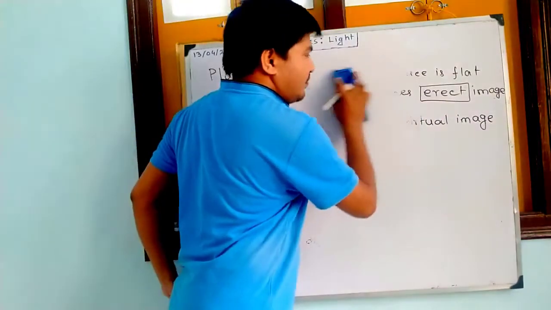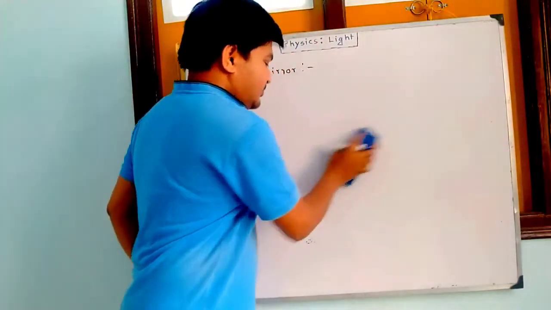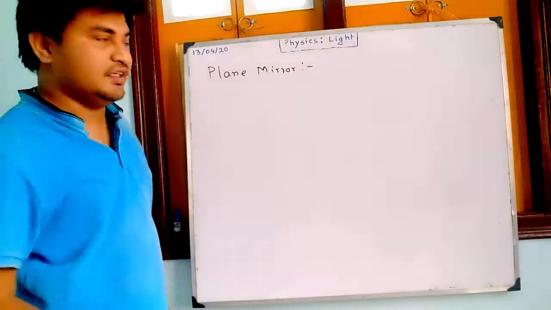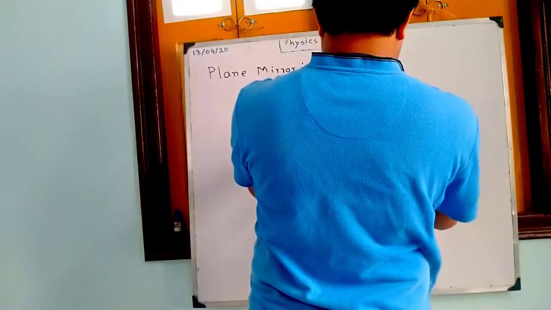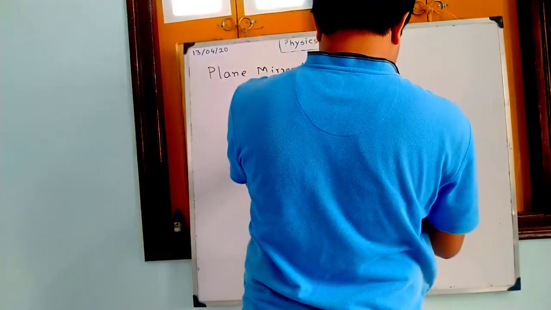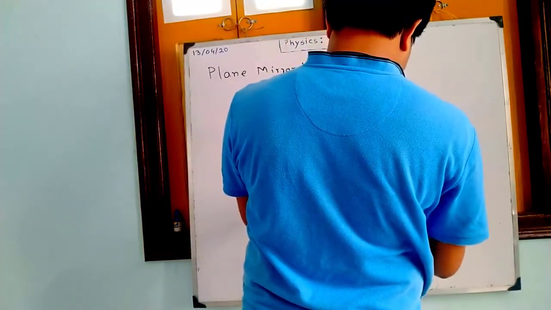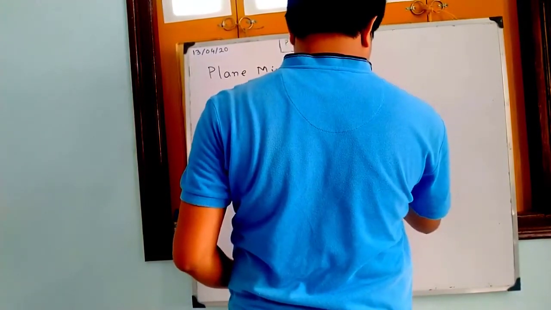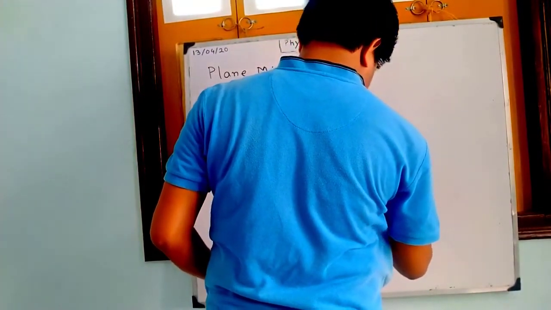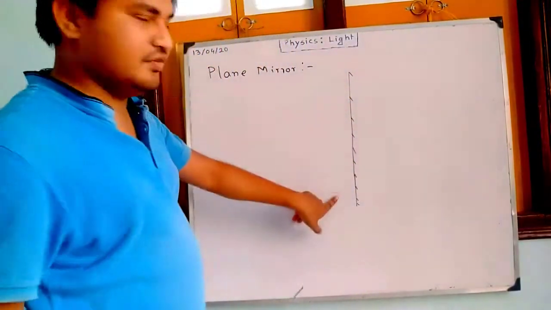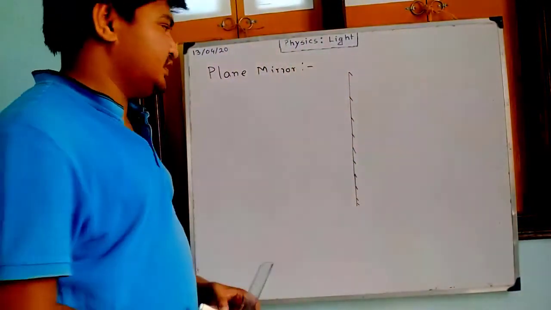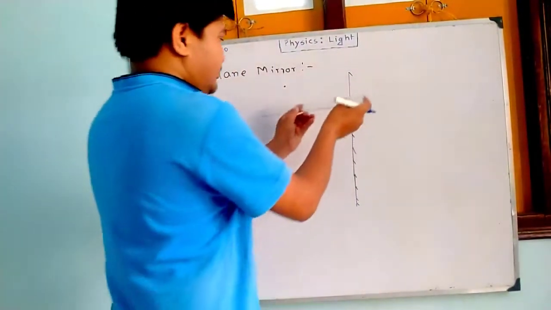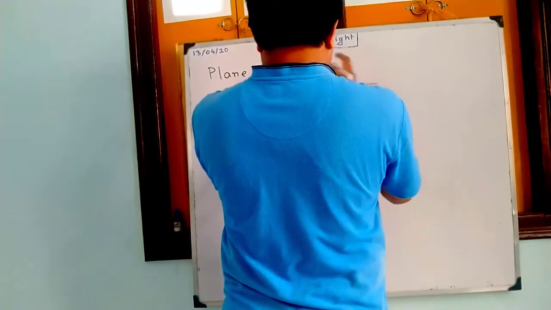Now, how is an image formed by a plane mirror? Consider this is a flat reflecting surface, that is a plane mirror. The object is in front of it. So the first ray will move in this direction.